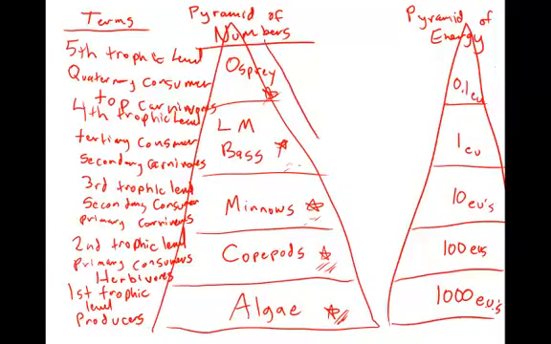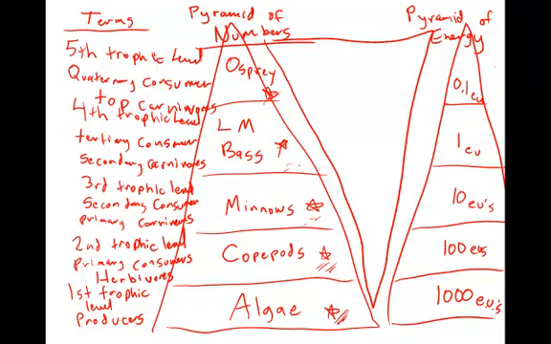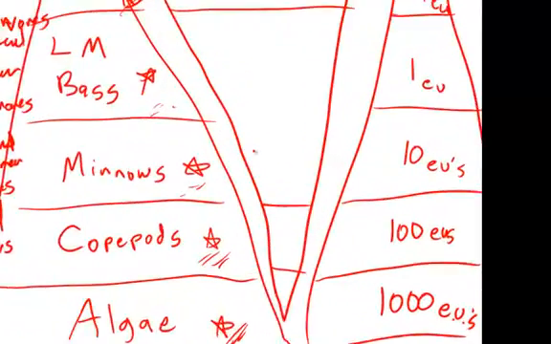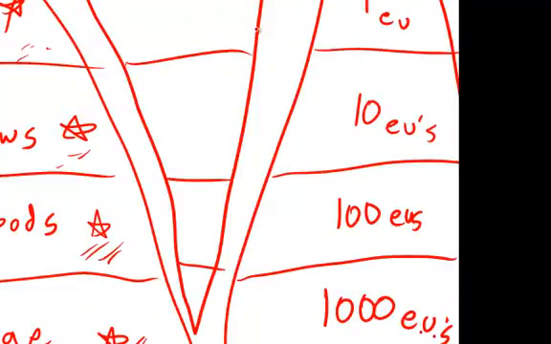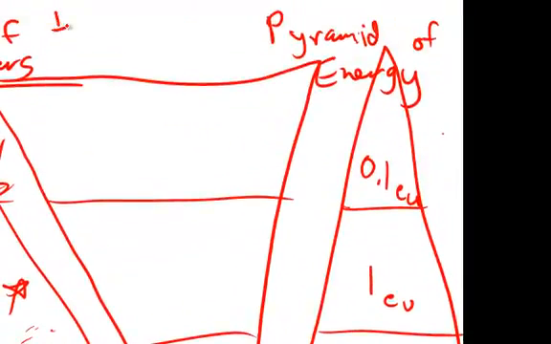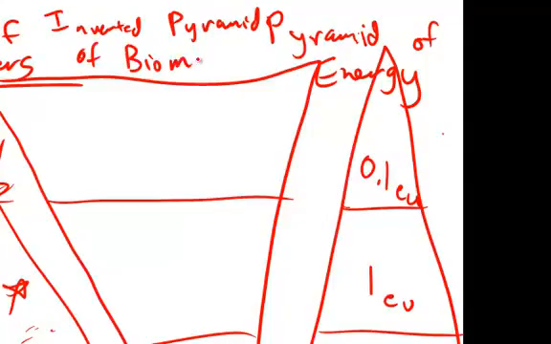So go ahead and draw a pyramid that's upside down, like this. It fits in there. And we're going to make our same 5 trophic levels. I'll label it as inverted pyramid of biomagnification.